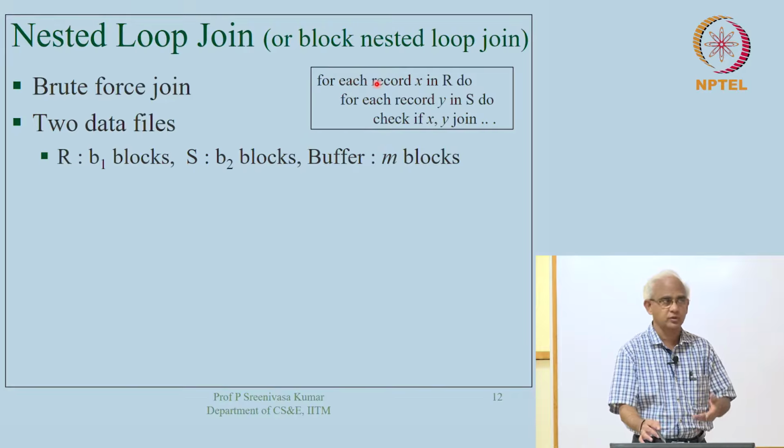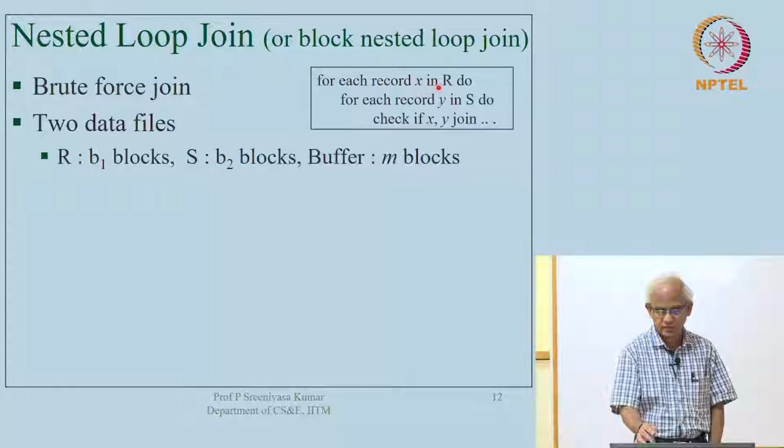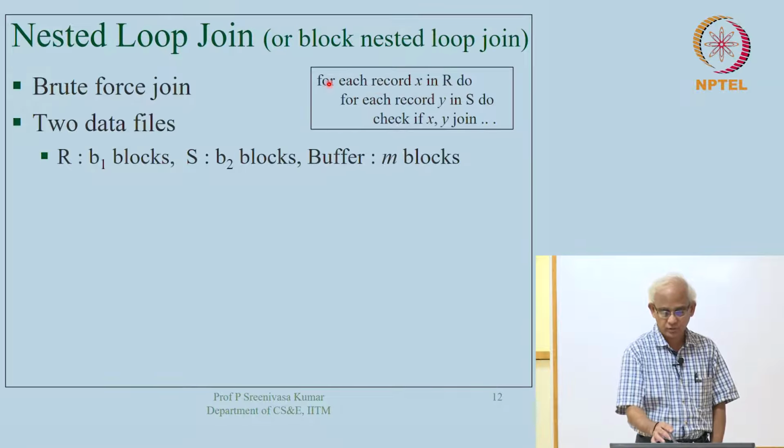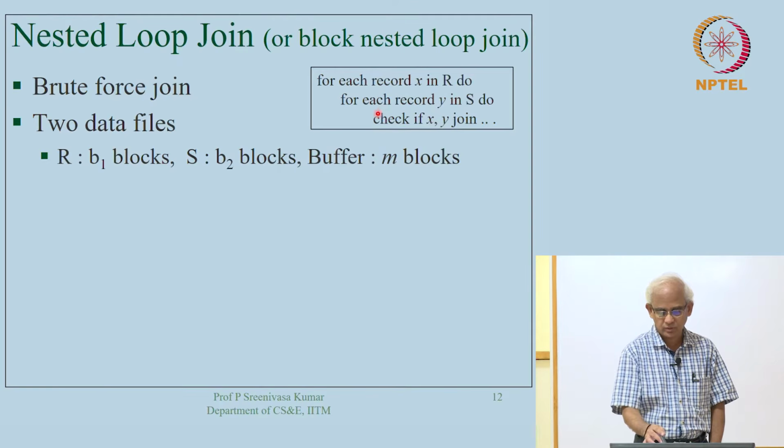It is a double loop, which is why it is also called block nested loop join. For each record X in R, and for each record Y in S, check if Y joins with X, and if so, produce the join result. Joins with basically means checking the join condition, whatever it is. In most of the discussion here, we will simply assume that we are doing an equijoin, but the issues are similar if we have other conditions.